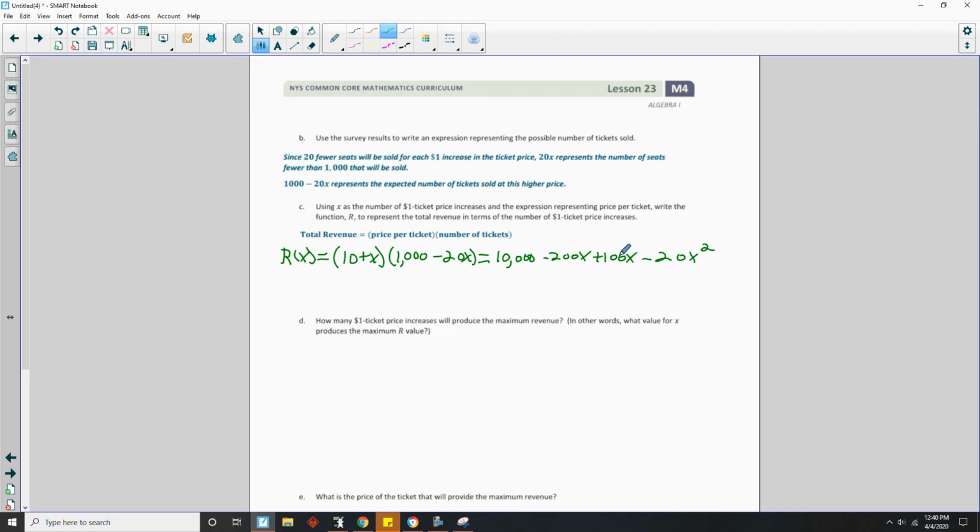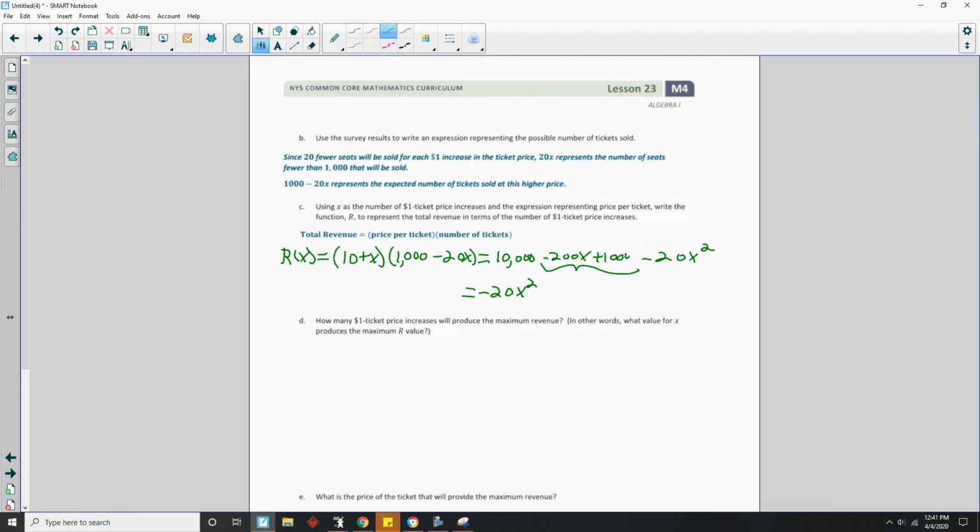Okay, so now let's just clean this up, and that is going to equal negative 20x squared. Okay, combine your two middle linear terms. Inner is x times 1,000, not enough zeros here, so let me fix that.